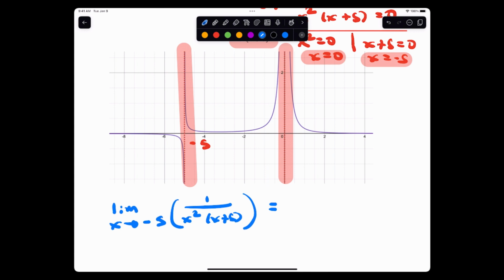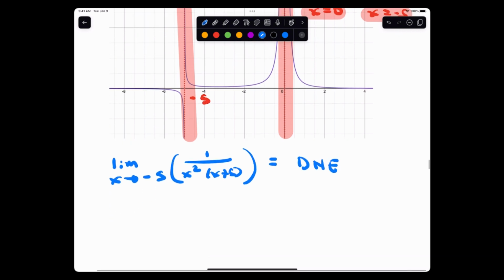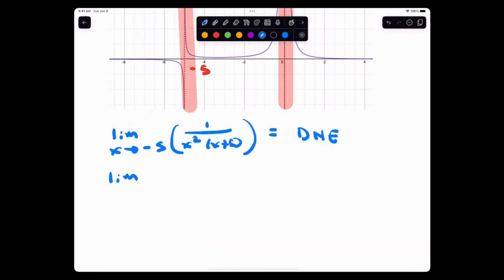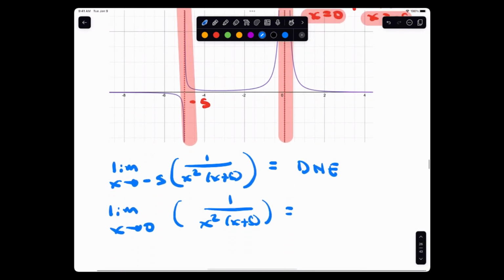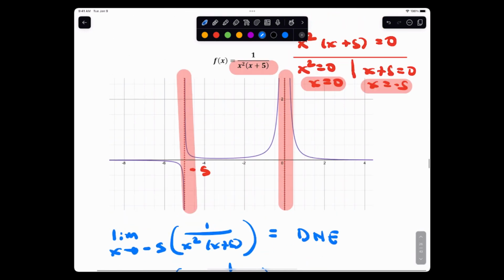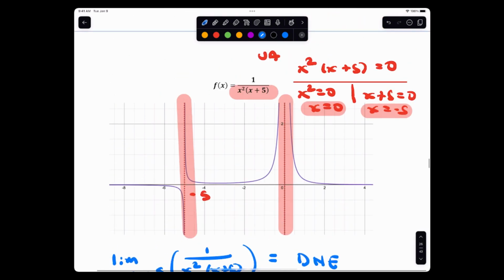You're going to say what? Does not exist. What's the limit as x goes to 0 of that function? 1 over x squared times x plus 5. What's this limit going to be? Positive infinity. Good. It's that volcano. Is that right? Goes up forever.